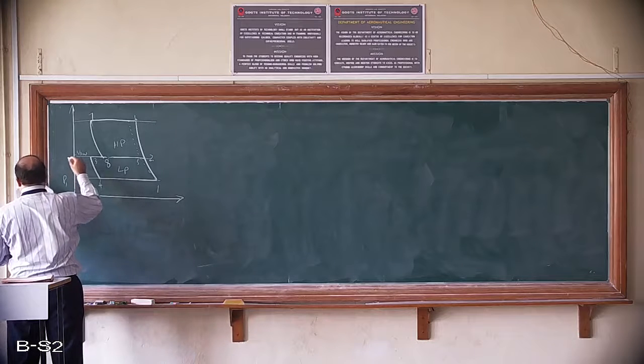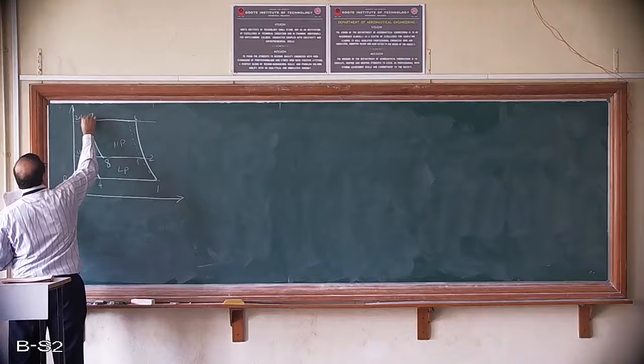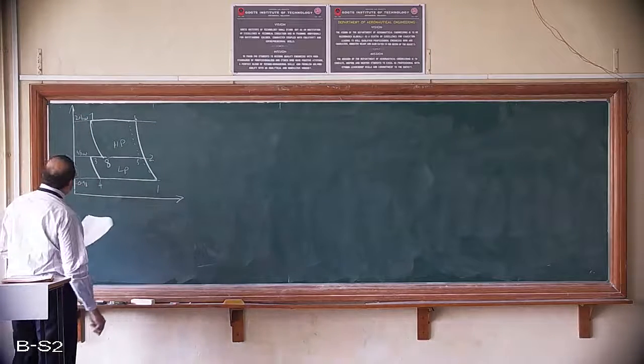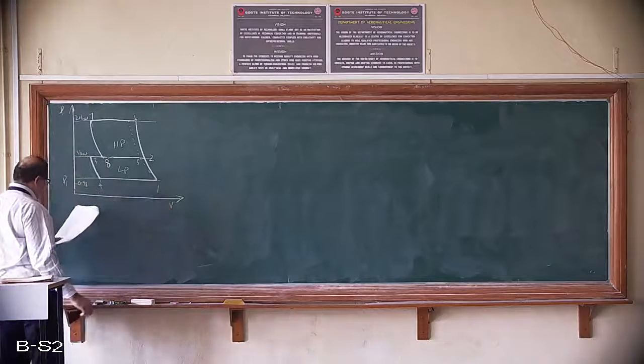So this is 5 bar. The next one is given at 20 bar. This is 20 bar. So this is how a two-stage compression graph looks like with clearance volume.